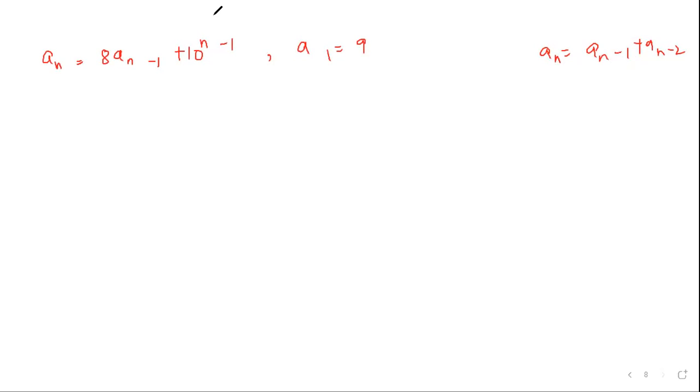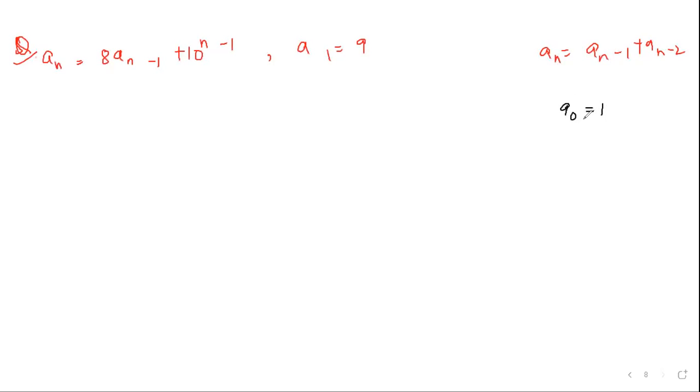Okay, now for this question we need to give the solution using generating functions. So to make our work with generating functions easier, what we do is we extend this sequence by assigning or setting the value of a_0. So we take a value of a_0 as 1.